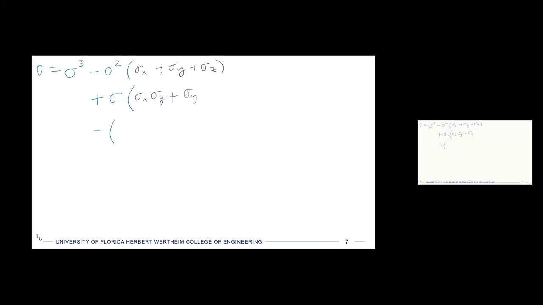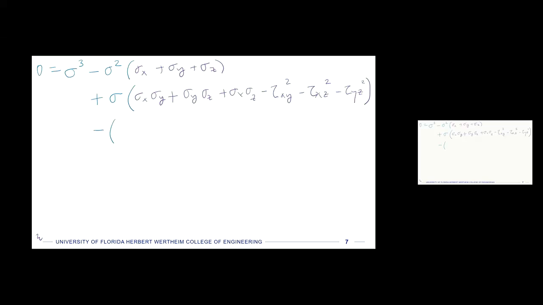Sigma y, sigma z, plus sigma x, sigma z, and then we have some subtraction of the combinations, minus tau xy squared, minus tau xz squared, minus tau yz squared. Okay. So that's a little bit longer one.